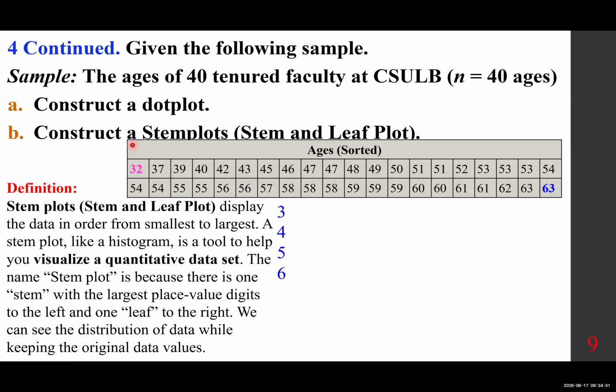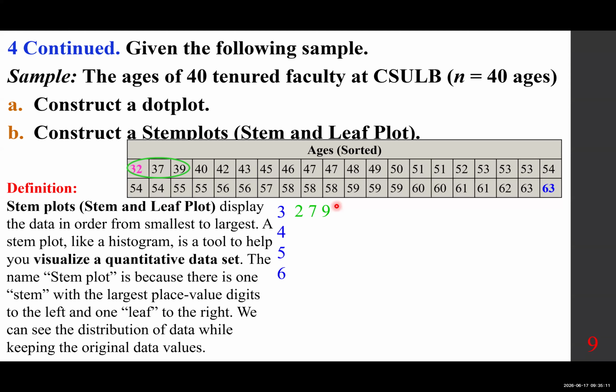So we're going to keep the 3 and put 2, 7 and 9 here. If anybody wants to read this line, you would read 32, 37, 39. 3 numbers having the tens digit as 3.